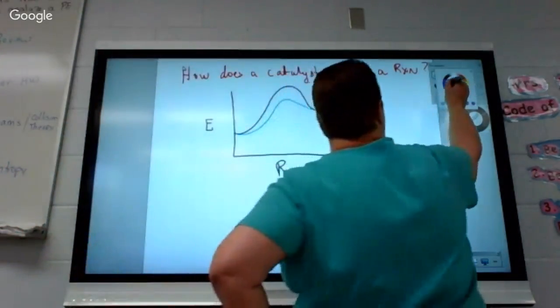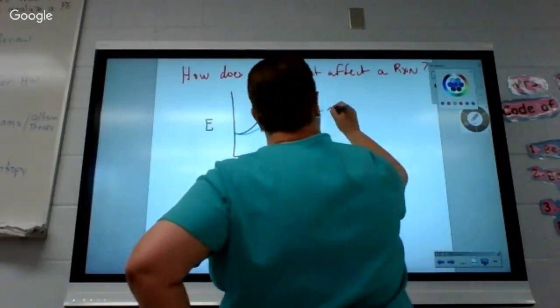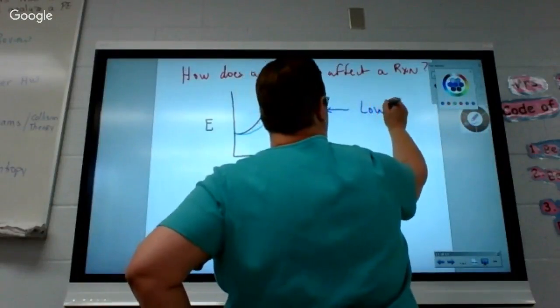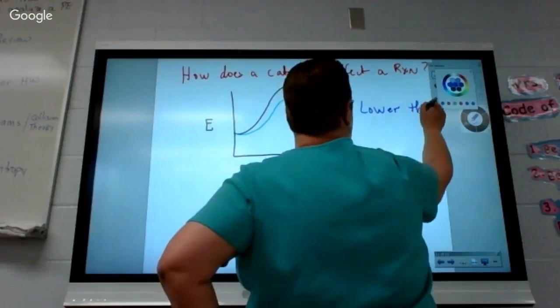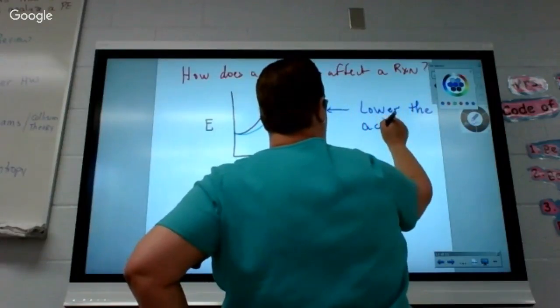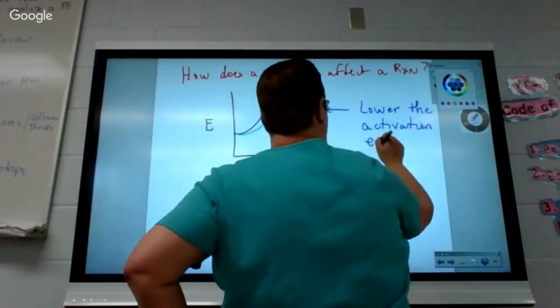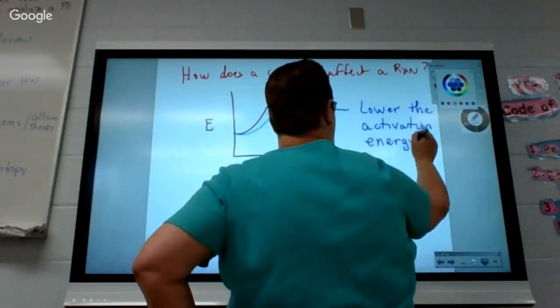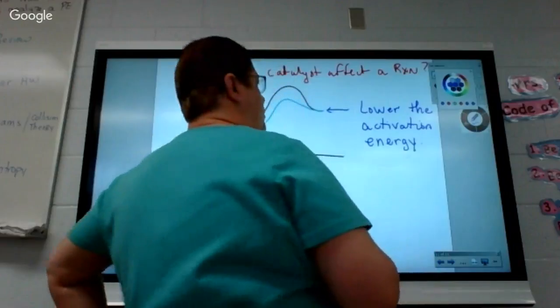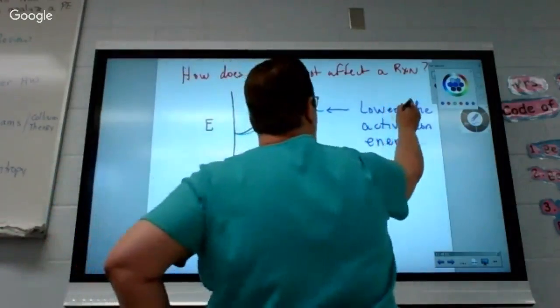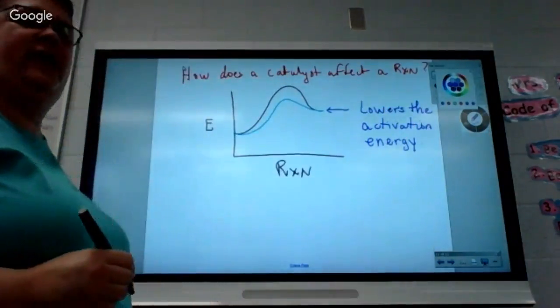All it does is it lowers the activation energy. It lowers the activation energy.